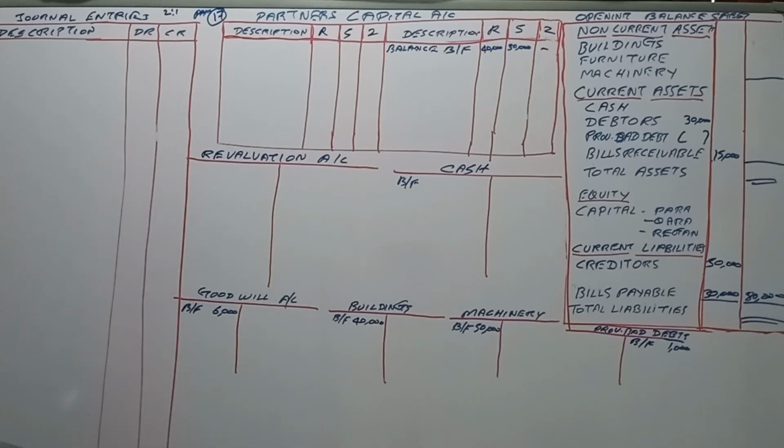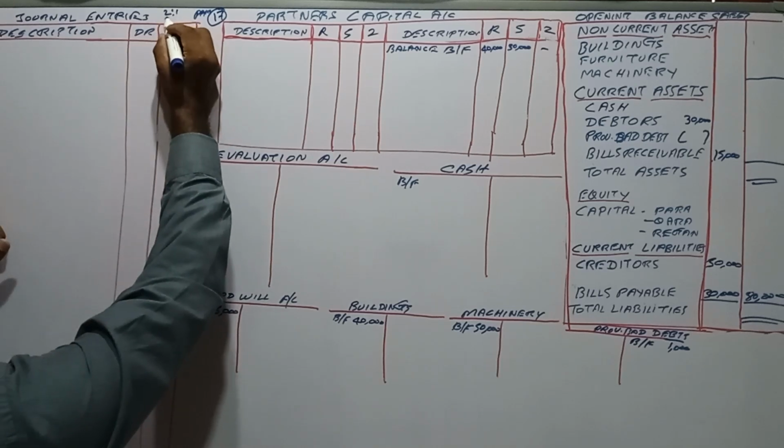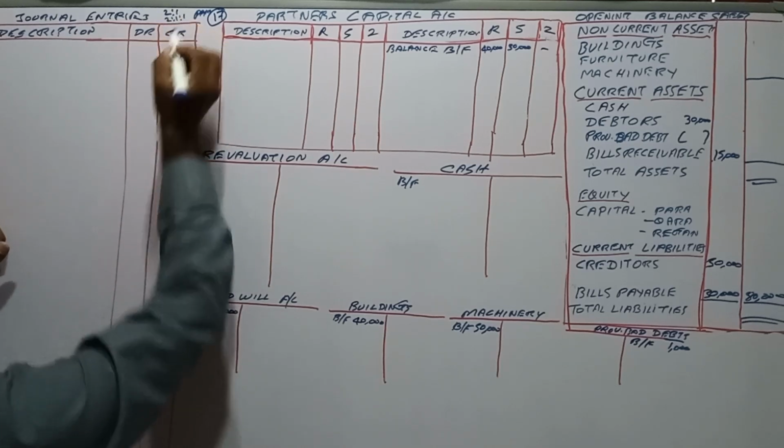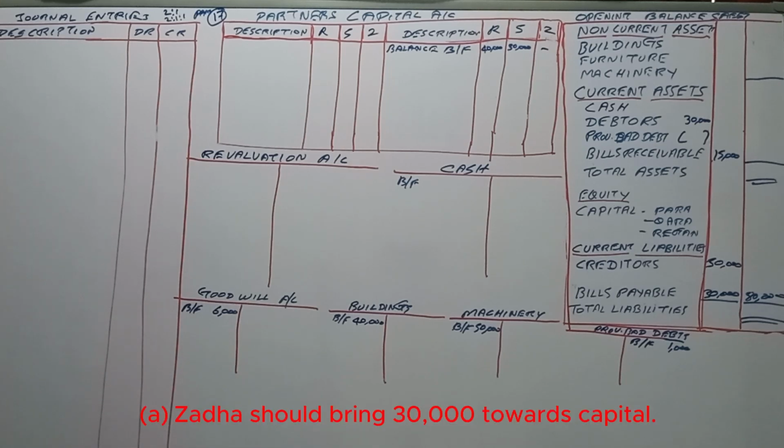On 1st April 2020, they decided to admit Zada, who gets 1/4 share in the profits of the partnership. That means the new ratio is 2:1:1, right?